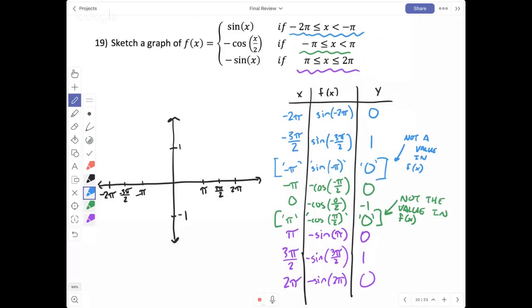And first the blue section, which starts here and goes up to 1 and down to 0. Oh, but it doesn't actually go down to 0, right? I could fill in a little open circle in blue if I felt like it. And it would go up and then down.